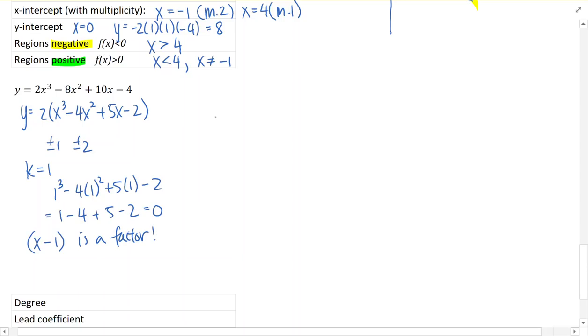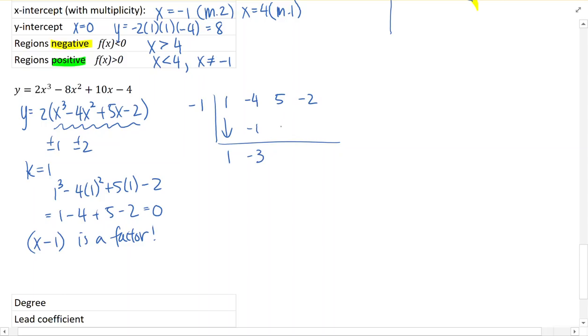So again, I'm going to use synthetic division. You can choose whatever you prefer. I'm going to have this polynomial divided by x minus 1. So I have 1, -4, 5, -2. Bring this down, so I have 1, then -1 times 1 is -1, and -4 minus -1 is -3.